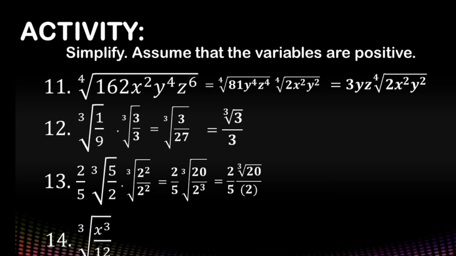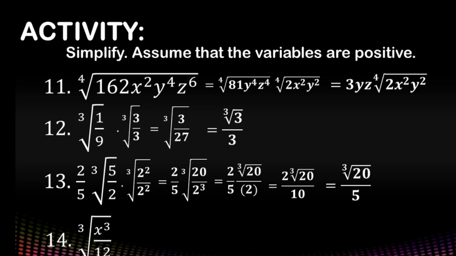So therefore, multiplying the numerators and the denominators, we get 2 times the cube root of 20 over 10. The coefficient 2 and our denominator 10 can be simplified as 1/5. So therefore, we have the cube root of 20 over 5.